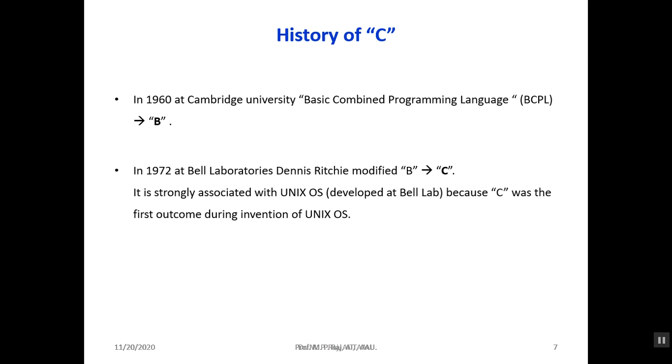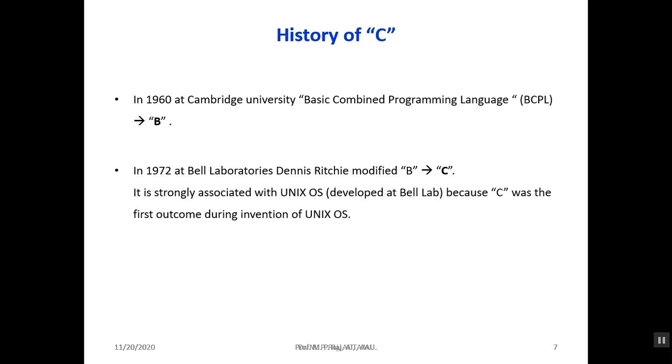There was one more language known as Basic Combined Programming Language, in short BCPL. From BCPL somebody created a new language, and it was named B. That was done in the 1960s.